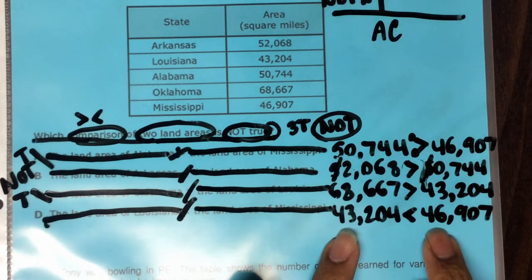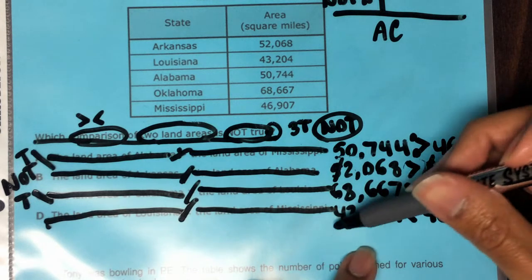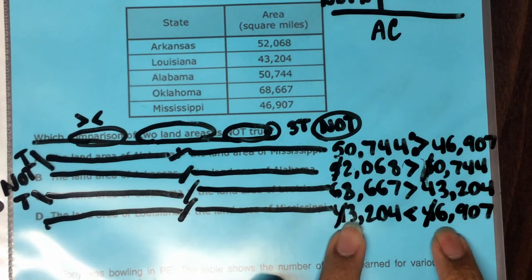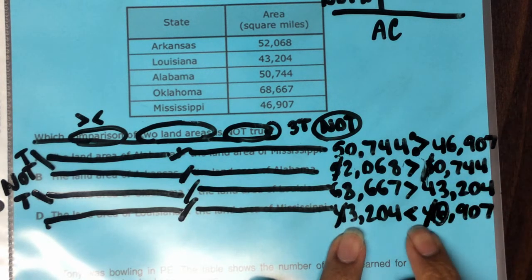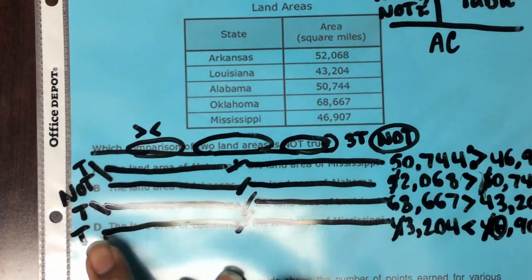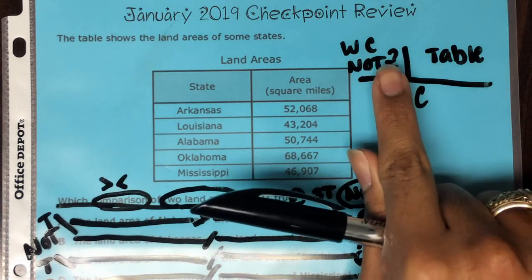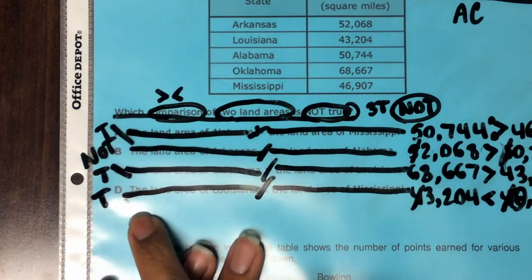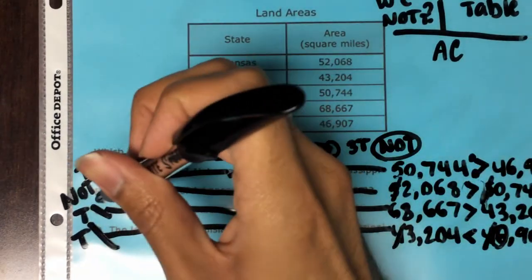Now let's compare. Let's start in the biggest place value. Which one is bigger, 4 or 4? Well, they're both the same. Is that going to help me? No. Which one is bigger now, the 3 or the 6? Well, the 6 is bigger, so let's circle that. Is that symbol true? Yes, it is, so I'm going to write down true. But am I looking for the one that's true? No, I'm looking for the one that's not true. So is this going to be my answer? No, let's cross it off. Our answer here was B.